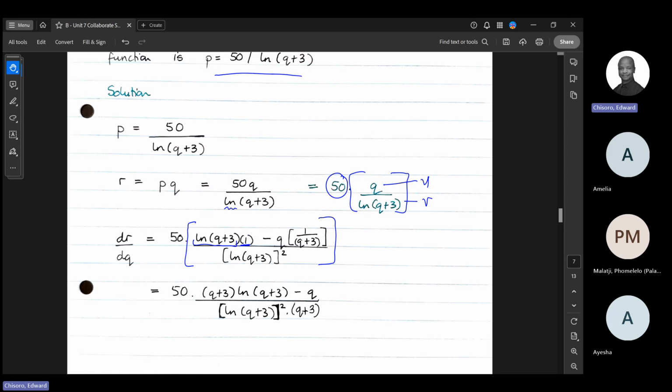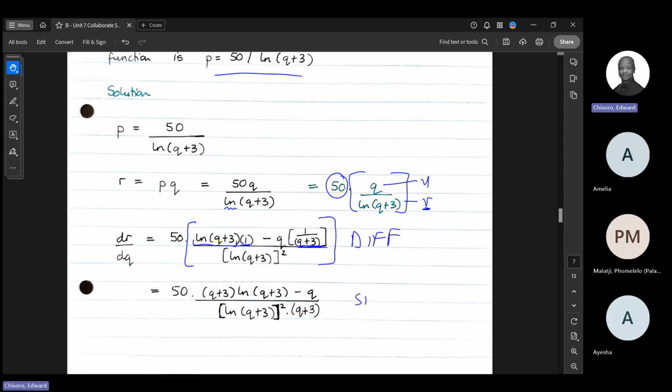So u is q, so q times the differentiation of ln of q plus 3. It's 1 over q plus 3 times the differentiation of q plus 3, which is 1. So we end up with 1 over q plus 3. And then the bottom, the denominator, we just square whatever v was to end up with ln of q plus 3, all squared. And that's our differentiation.